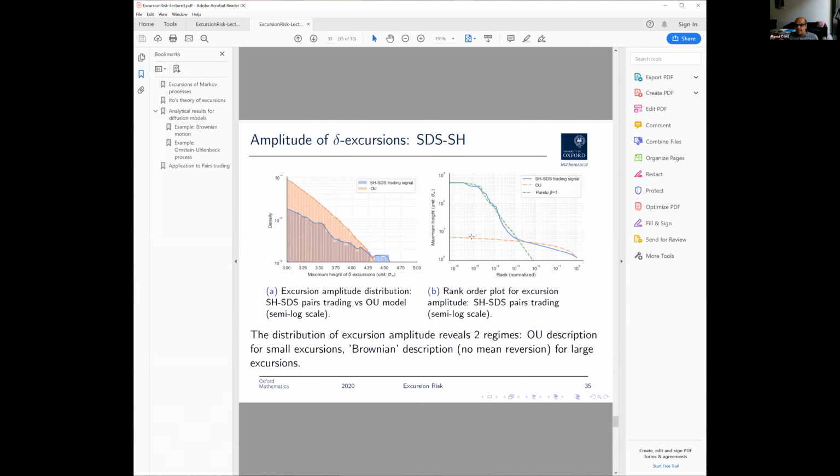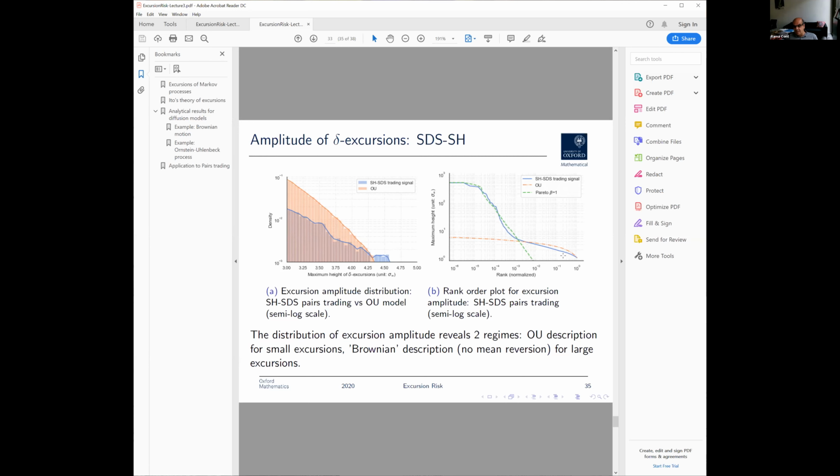And what we saw is that if you compare the amplitude of the excursions of the data with the amplitude of the excursions of the Ornstein-Uhlenbeck, the Ornstein-Uhlenbeck has this distribution, the orange line, and the data has this blue distribution. And the green one corresponds to the distribution of amplitudes for Brownian motion.